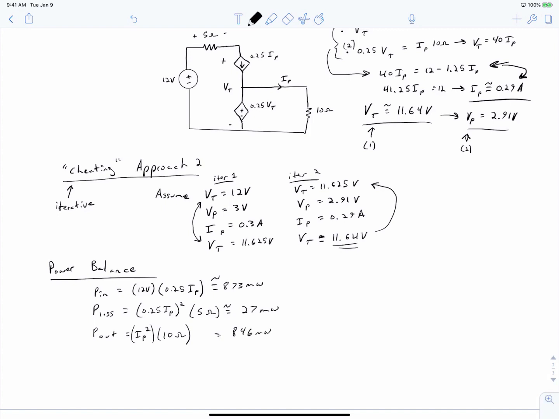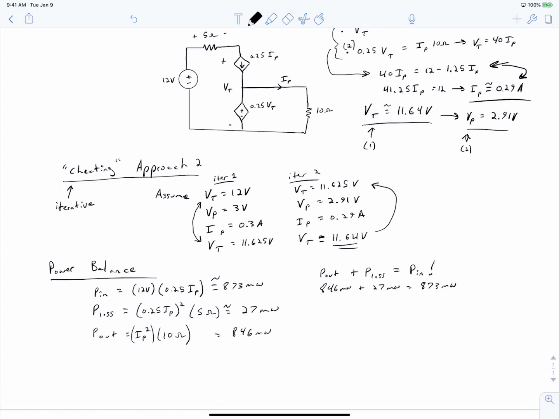So the first thing to notice is that we can confirm that P out plus P loss does indeed equal P in. 846 milliwatts plus 27 milliwatts indeed equals 873 milliwatts.